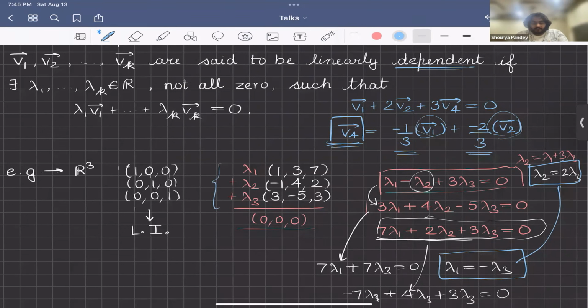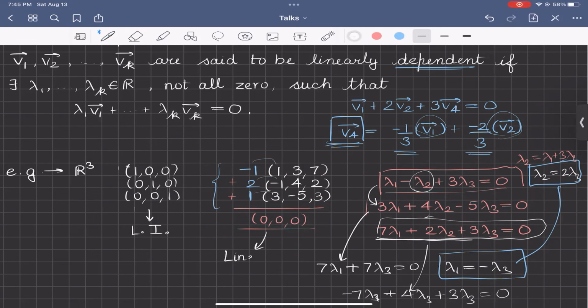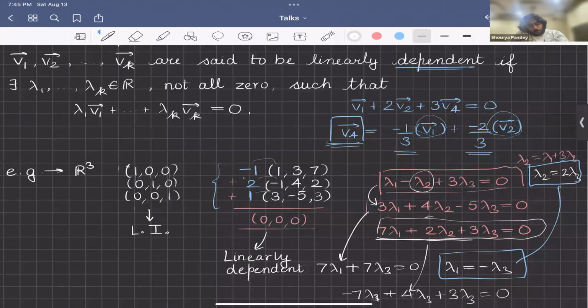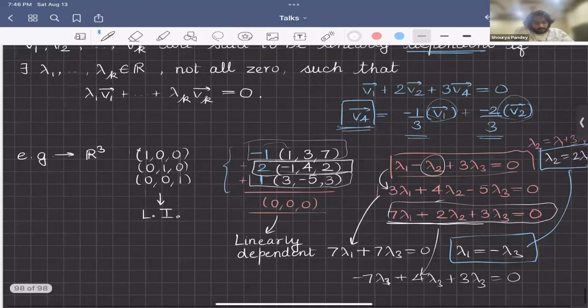So if I take lambda 3 to be 1, lambda 1 to be minus 1, and lambda 2 to be 2, then I get 0, 0, 0. In fact, you can check this. So these are linearly dependent, because one of the vectors is in fact twice this plus this, which is just the first vector. So these are not linearly independent.